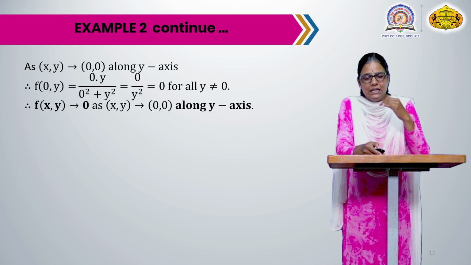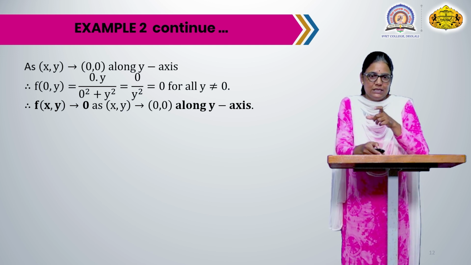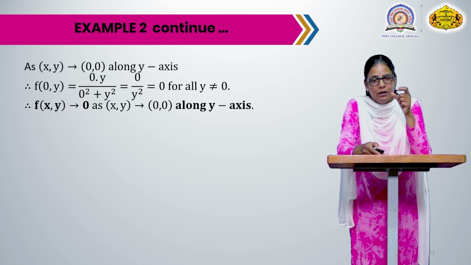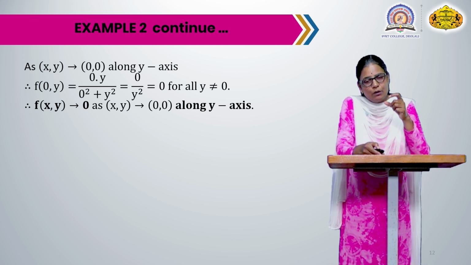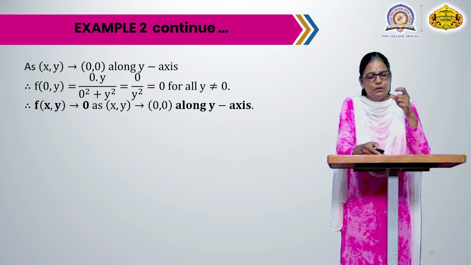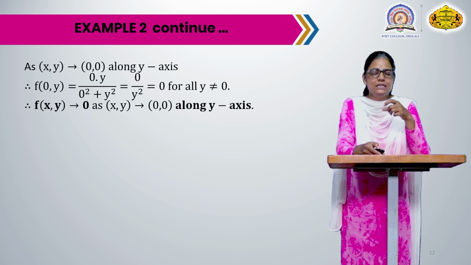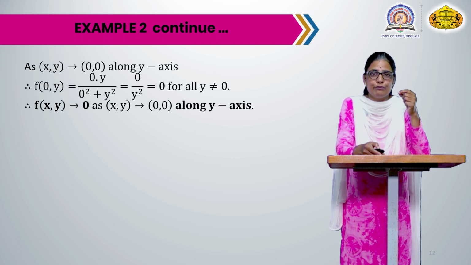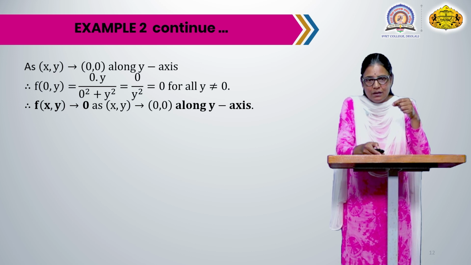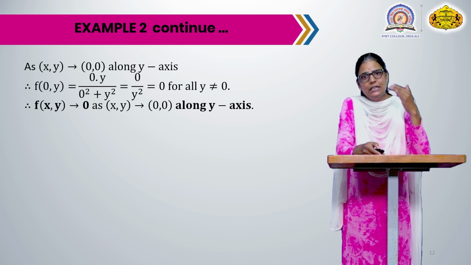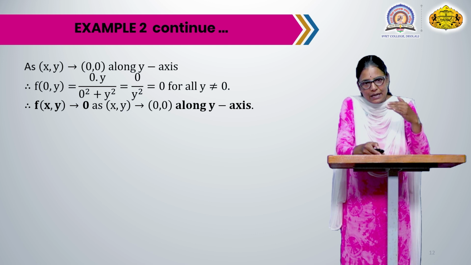Suppose our question is to show that the limit doesn't exist. In this case we must find another path such that the limit of the given function along that path is different from 0.